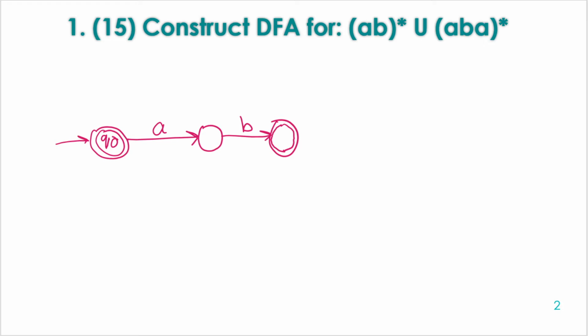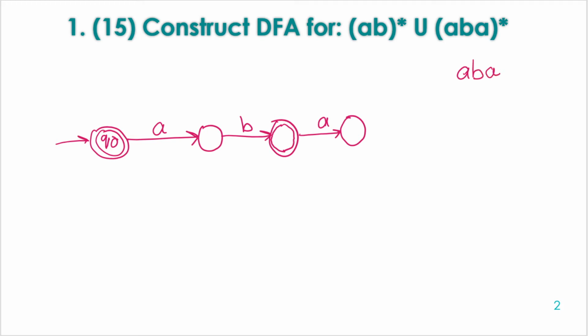After AB, if we get A, meaning the third symbol is A, we still cannot differentiate these patterns, because AB can be part of this pattern, and ABA can be part of this pattern, and ABA can also be part of this pattern. If we repeat the pattern AB and then A, up to this point we cannot differentiate.